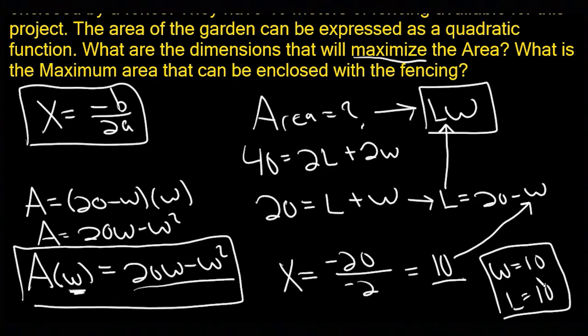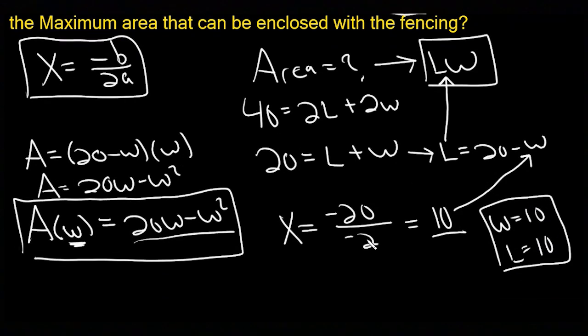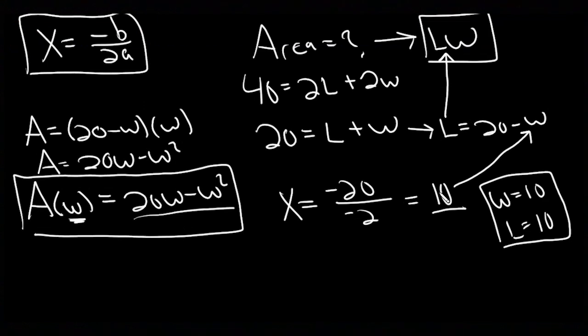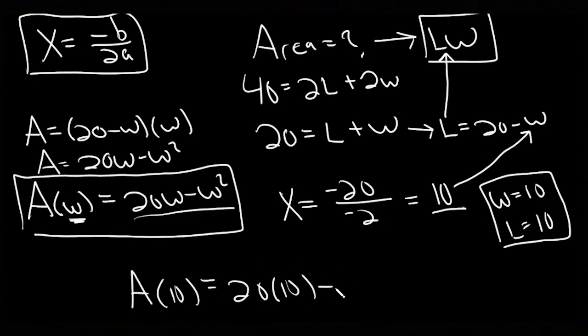But another way you could do it, since we know that this 10 is the x value of my vertex, if I simply just plug this 10 into my quadratic function, wherever I see a w, I'm going to get the maximum area. And if we're writing that in function notation, you can say A of 10 is equal to 20. Now here's my w, I'm going to put 10, minus 10 squared.